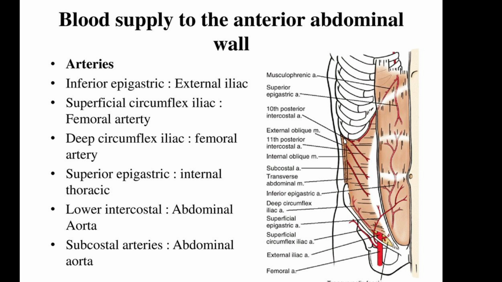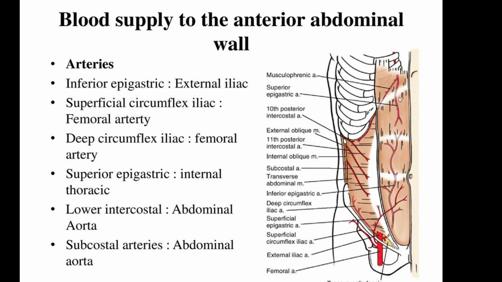Those vessels form the superficial layer. They are in the subcutaneous fat. But also there are vessels that are located deeply, under the transversalis fascia, and those vessels are the inferior epigastric artery from the external iliac artery.